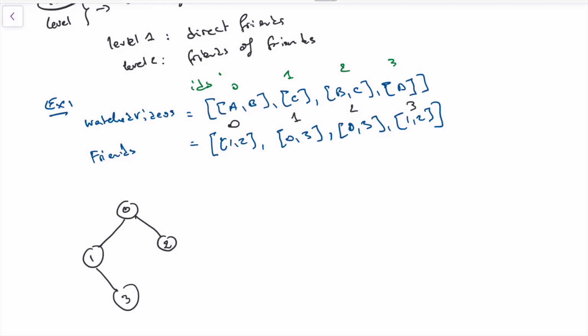And 2 has friends 0 and 3 also. And 3 has friends 1 and 2, right? And so now the question gives us ID equal to 0 and gives us level 1, so direct friends. And so level 1 of friends of 0, friends of 0 are 1 and 2, right?